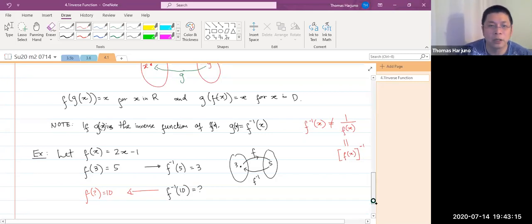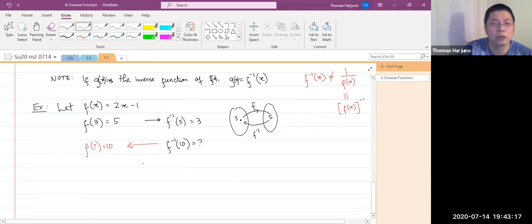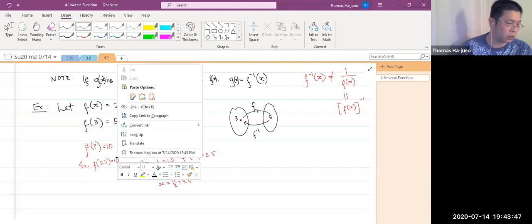So you can solve it this way: 2x minus 1 equals 10, 2x equals 11, x equals 11 over 2, which is 5.5. So f inverse of 10 is 5.5. Or another way to say it, f of 5.5 equals 10. That's for inverse function.